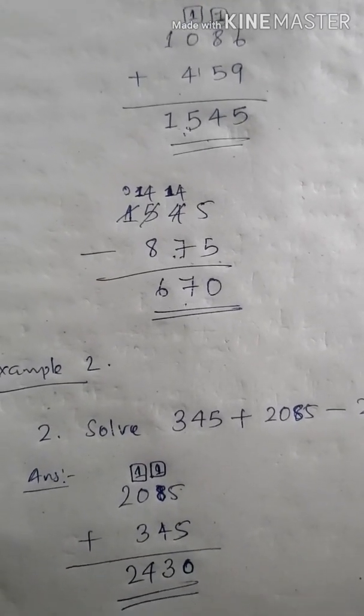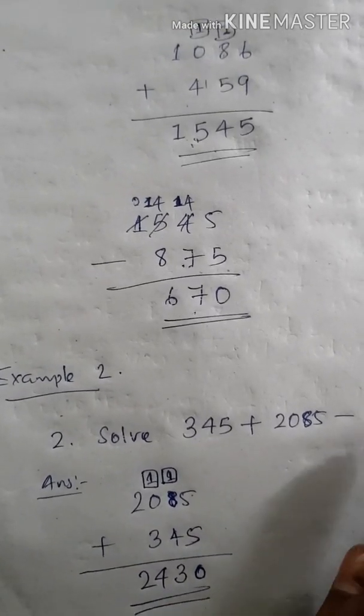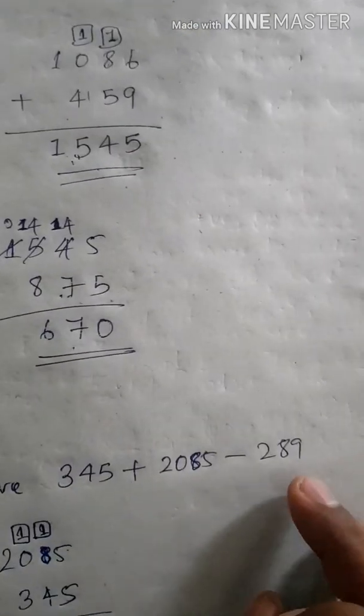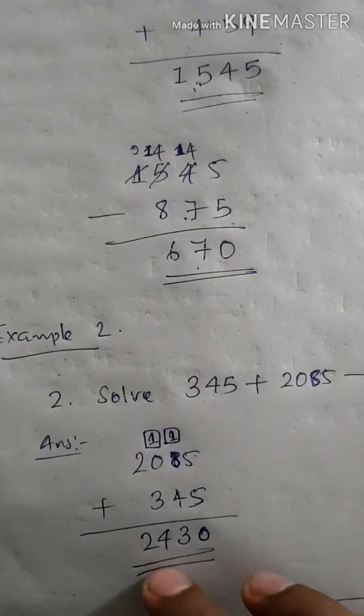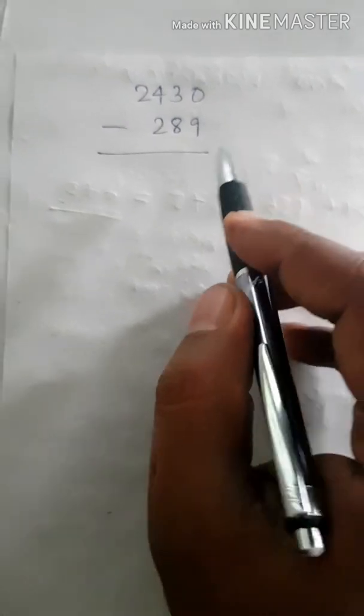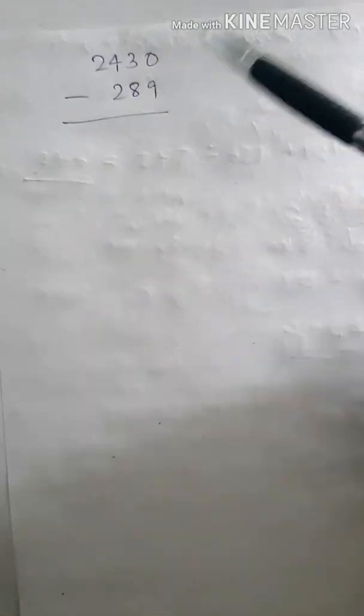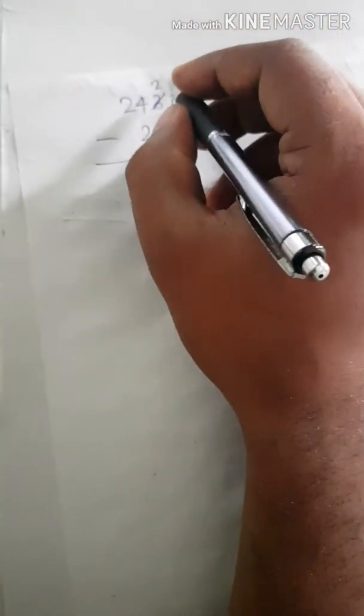So now next we have to subtract 289 from 2430. Okay, let us check the ones column first. Here 0 minus 9 is there. You know that you cannot subtract 9 from 0. So let us cut and take 1 from the tens column. This number will become 2 and that 1 will move to the ones column.